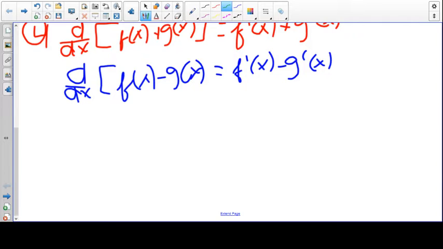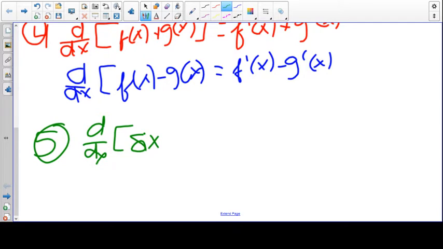That fifth one was then sine and cosine. So the derivative of sine of x is cosine of x.